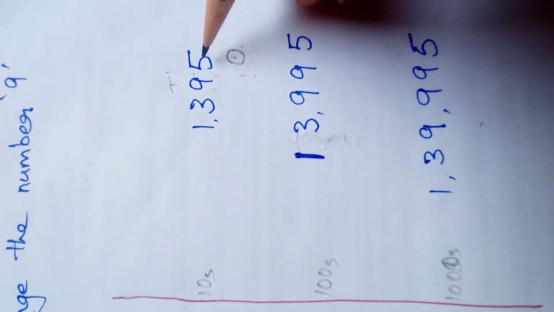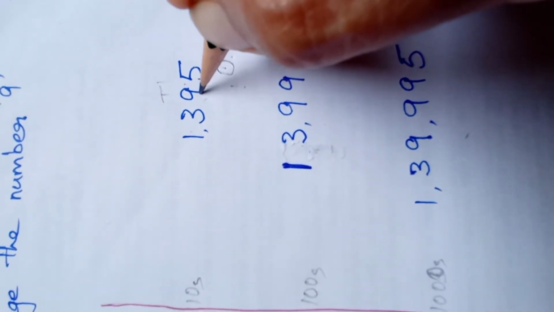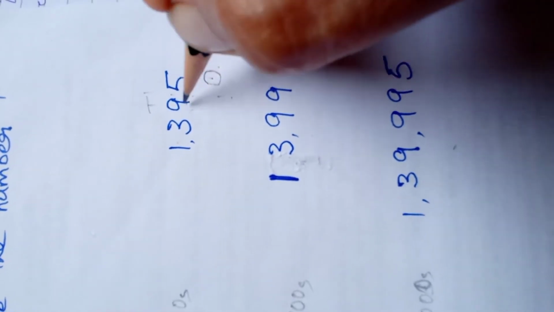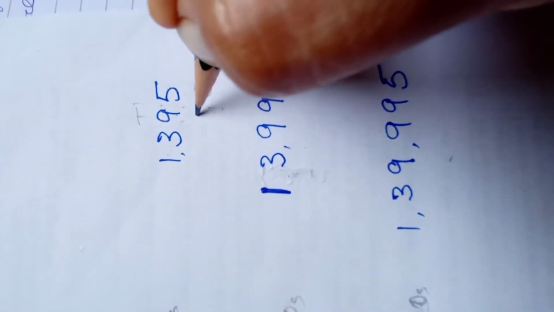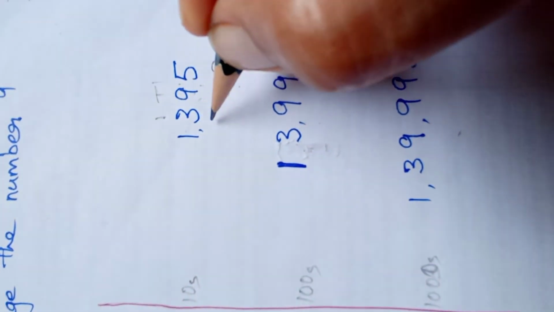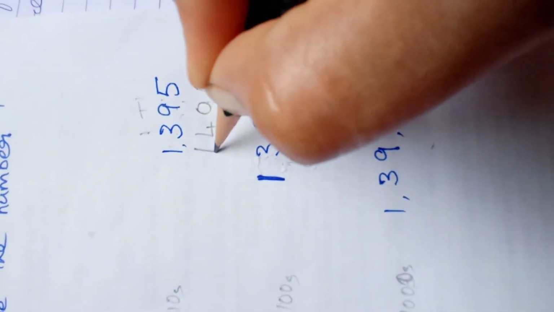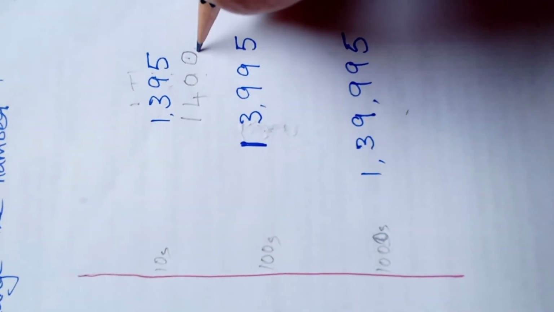If it is 5 or above, then you have to change this number plus 1. So how do you change? 9 plus 1 will be 10, so you have to carry over this to the next place value. 1 plus 3 will be 4, and 1400 is your answer.